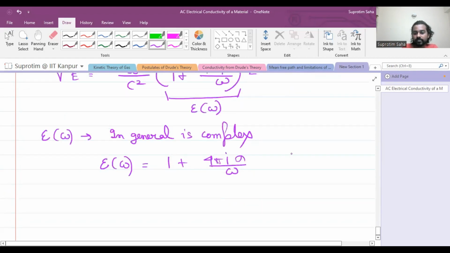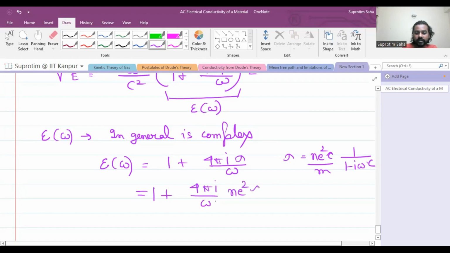Alright. So sigma is n e squared tau over m times 1 by (1 minus i omega tau), which gives 1 plus 4 pi i over omega times n e squared tau over m times 1 over (1 minus i omega tau).